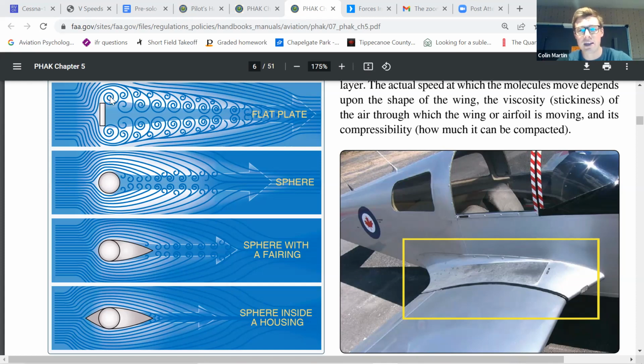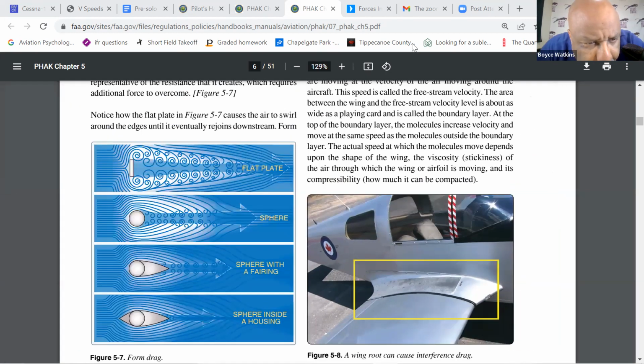It's called eddying, where it creates a turbulent circle, and it gets less and less as the object gets more aerodynamic. Does that make sense? Cool. So the bottom one is more likely to do what airplanes do, whereas the top one would be a terrible airplane because of what it does to the wind.